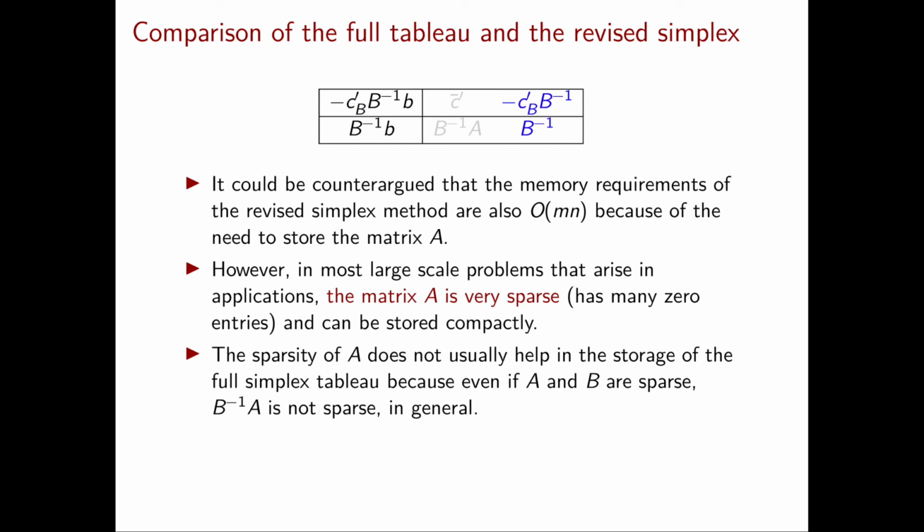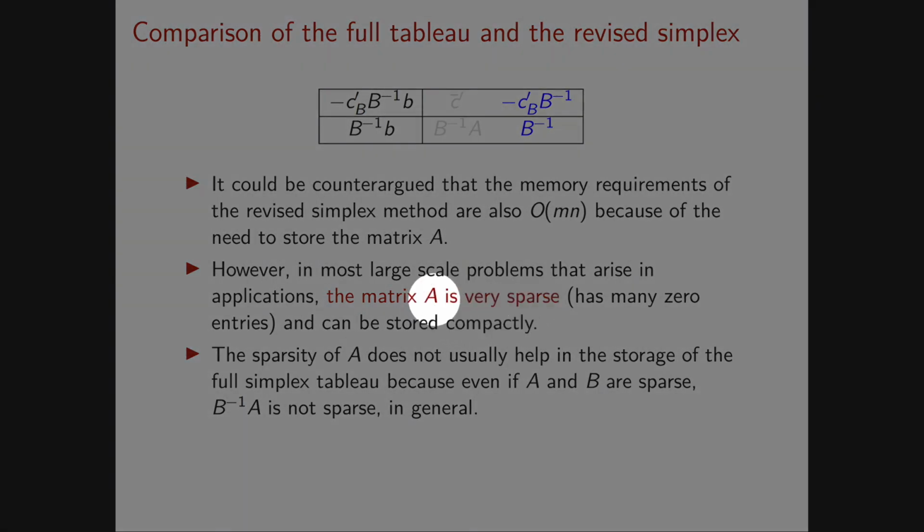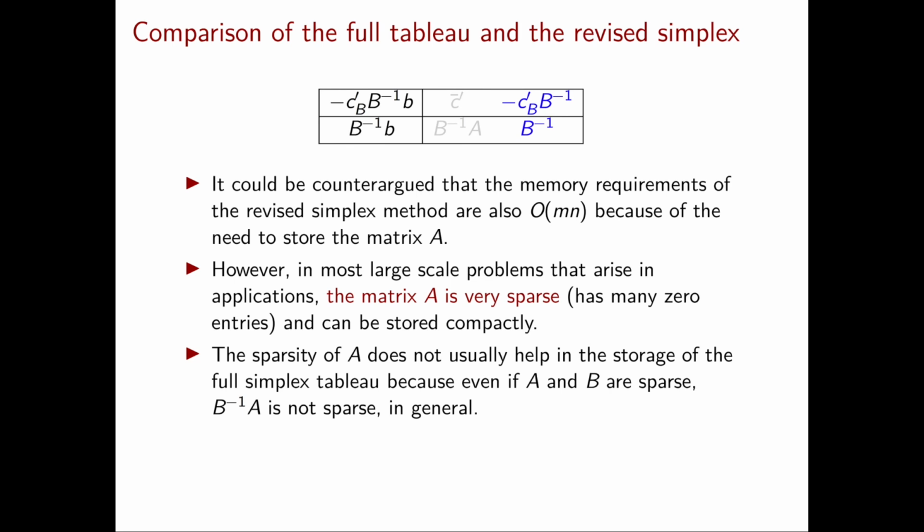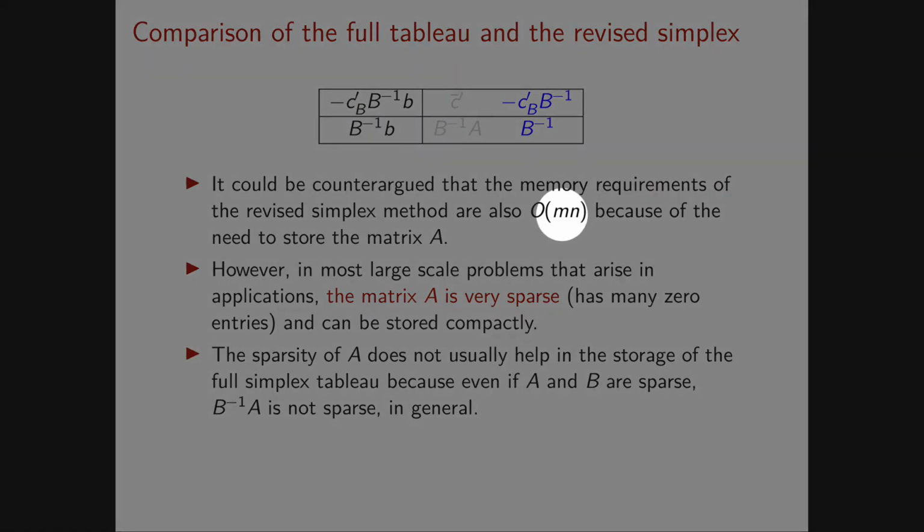The number of numbers that you have to store in this way is simply 3 times s, where s is the number of non-zero entries in A. Okay, so at this point we used the sparsity of the matrix A to argue that the memory requirement of the revised simplex is in most cases much lower than big O of mn.